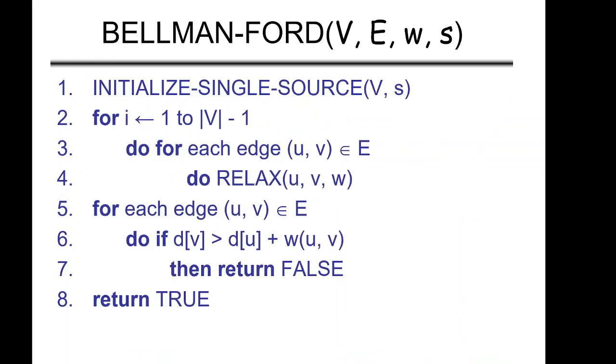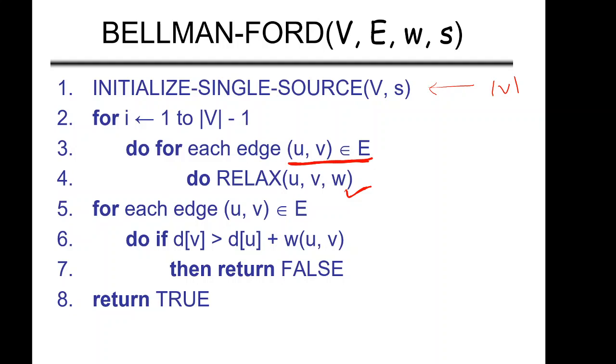Okay, so now let's see the Bellman-Ford algorithm. This is the initialization step we have already seen. The complexity of this is V. Now what we have to do is run a loop V minus 1 times, and each time go through all the edge set, and then relax those edges.